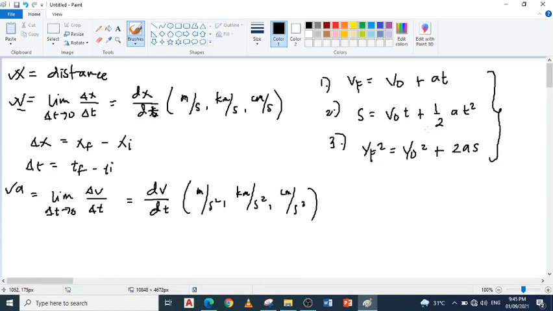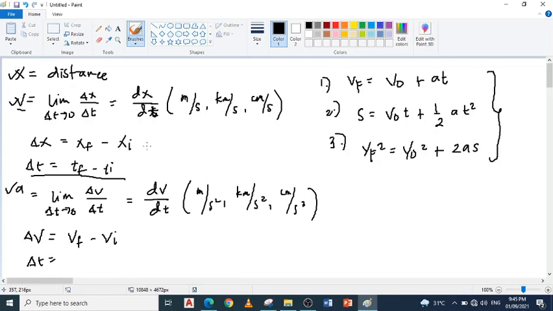Okay? And then, may nakalimutan ako sa acceleration since itong delta V tsaka delta T. So, yung delta V natin, that is the change in velocity or Vf minus Vi. So, ganun din sa time. So, yung delta T natin, pareho lang dito, Tf minus Ti.